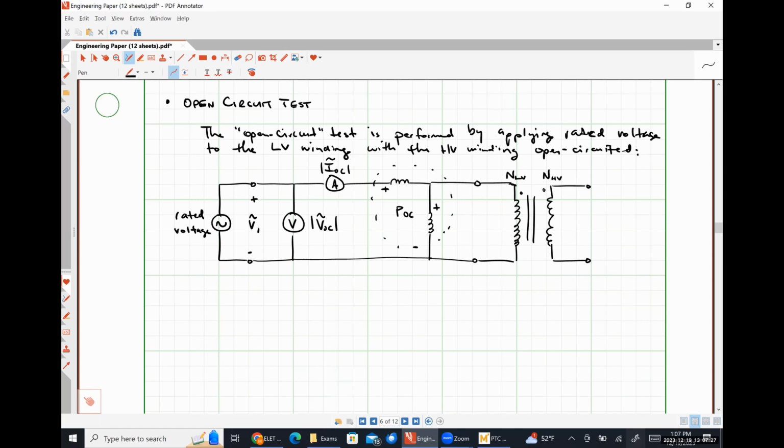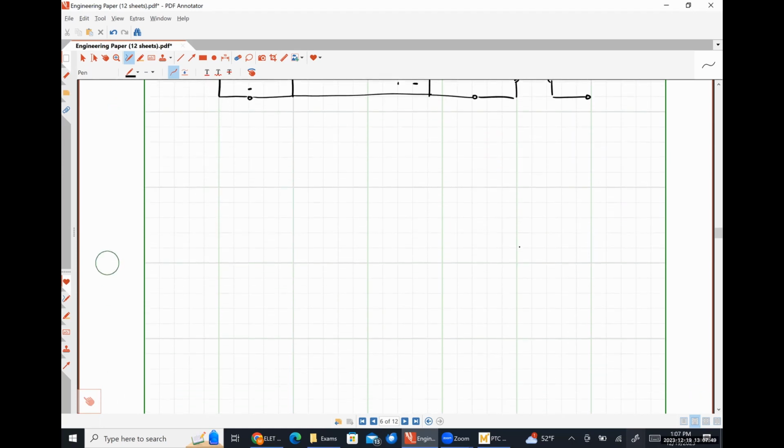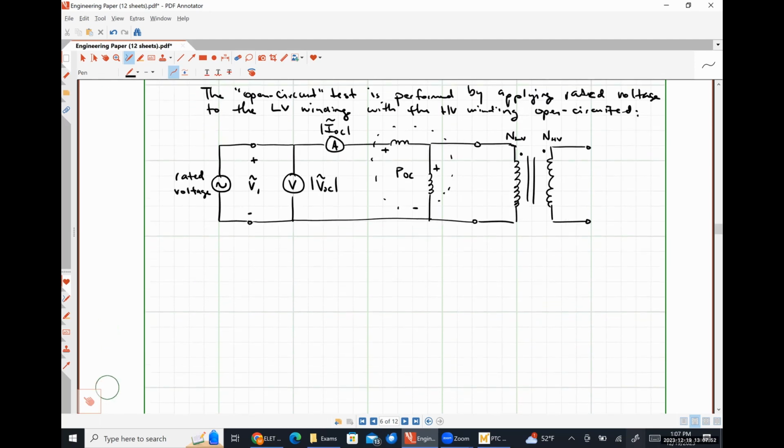So let's use the cantilever equivalent circuit to look at what's going on here. Okay, so this is what our test setup would look like. Now we're going to use the equivalent circuit to figure out what parameters the open circuit test will actually allow us to detect. So for my cantilever equivalent circuit, everything referred to the low voltage side.